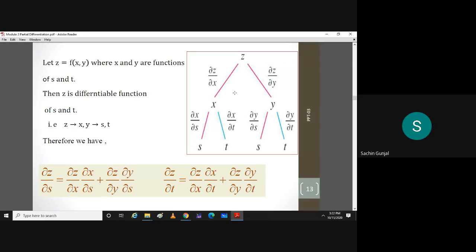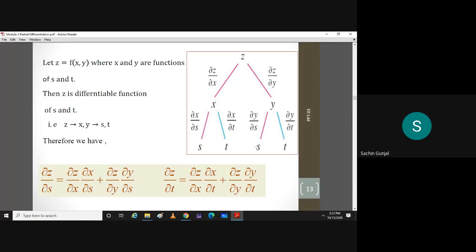Two ways. So z to s, this is the first way, and then z to s, this is the second way. So z with respect to x, then x with respect to s, plus, adding this way, z with respect to y, y with respect to s.